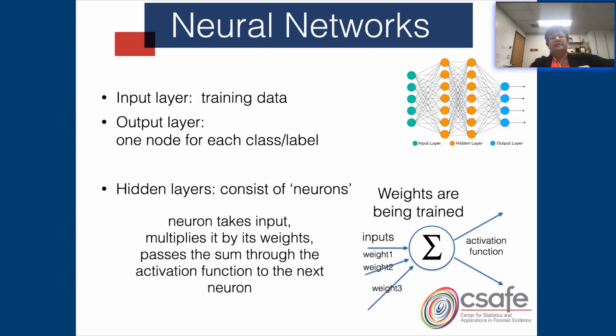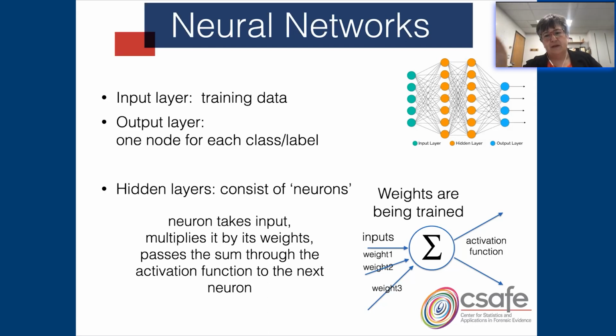You can think of the input layer as the training data. And this training data comes with labels, so we know the ground truth for the input layer. What we get out is a class for each label in the output. So each object that we want, or each class that we want to differentiate, has its separate node.